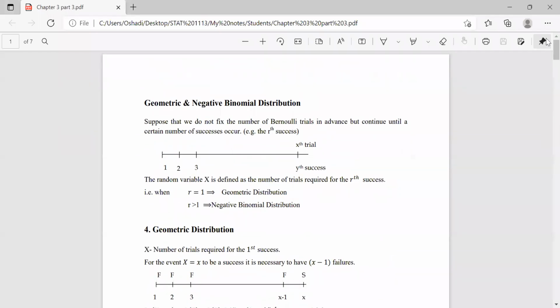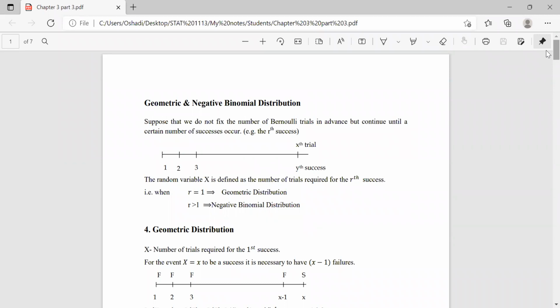So we were discussing discrete probability distributions. Under that, we discussed the discrete uniform distribution, Bernoulli and binomial. And yesterday we were discussing the geometric distribution. In the geometric distribution also, we have Bernoulli trials.